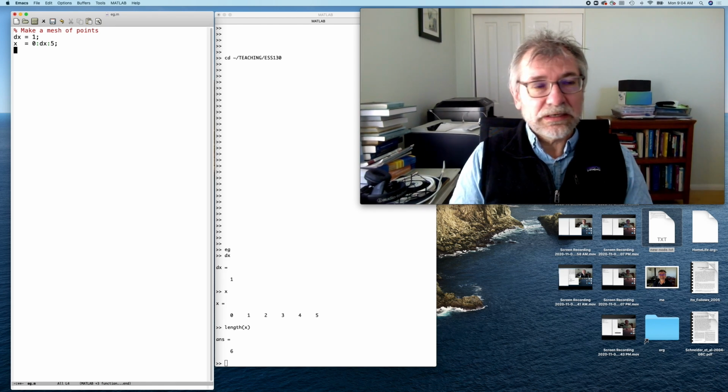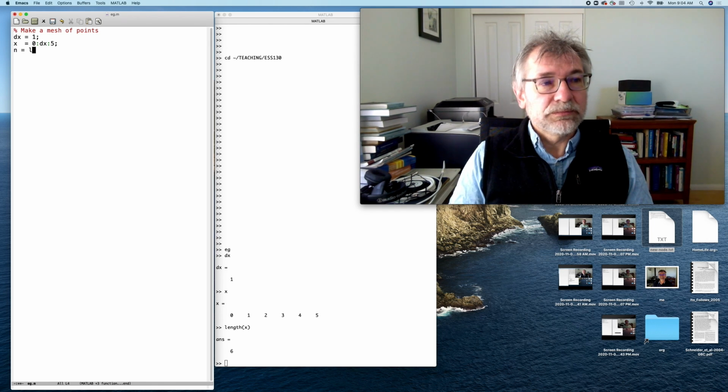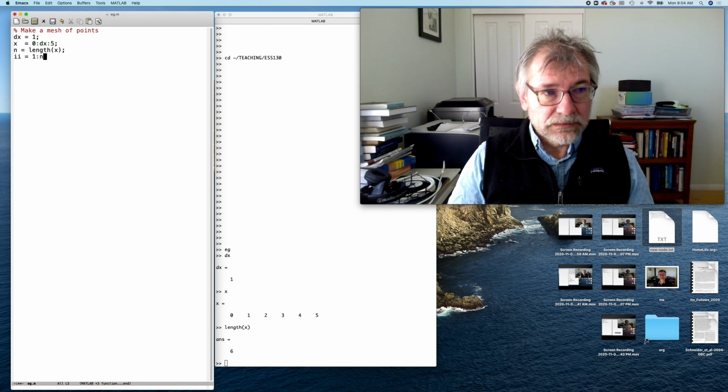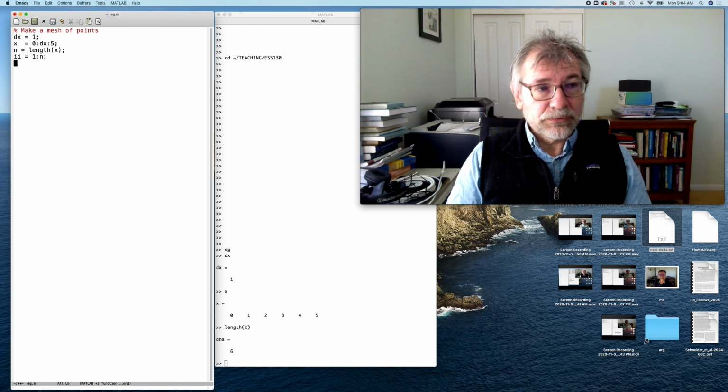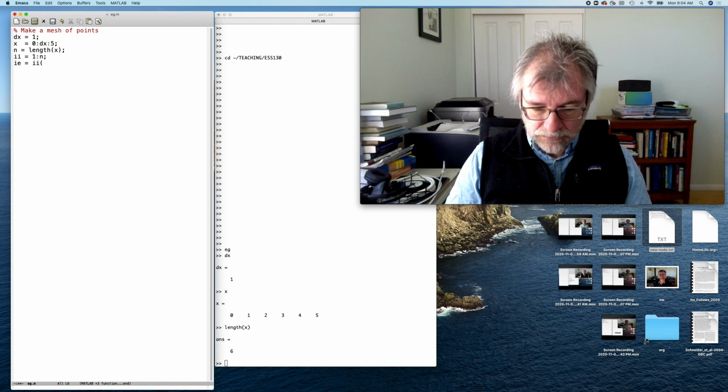So the first thing is we index all the points. So n would be equal to the length of x, and then ii is equal to 1 to n. And then to make the shift operators, I first have I east is equal to ii of 2 to n and 1.